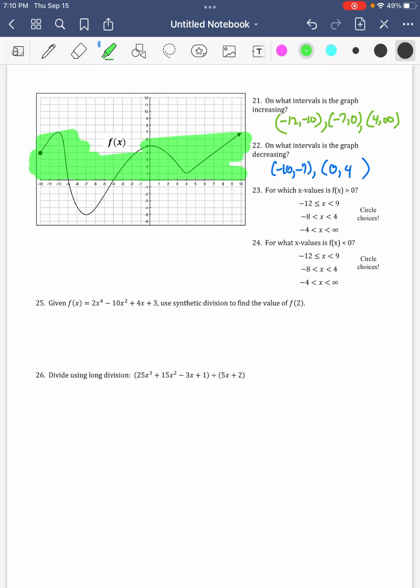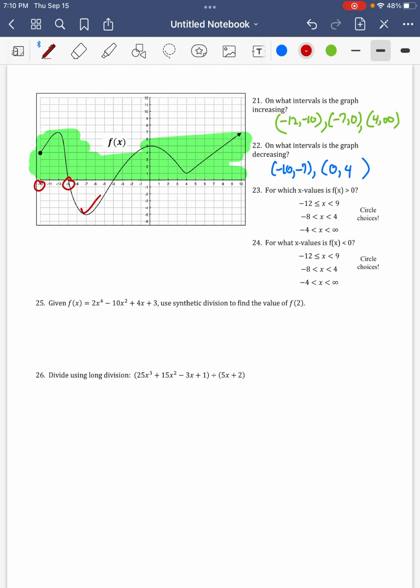So when is this happening? So I see it happening. It's basically everywhere it's happening except for this section right here. So from negative 12 all the way to negative, what is that, 9, right?